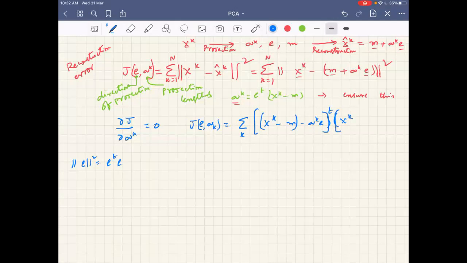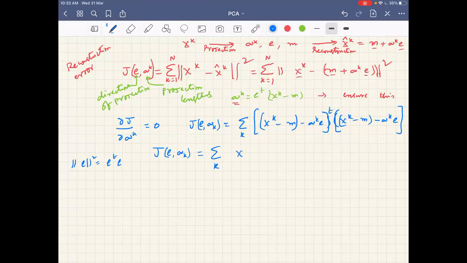Because AK is only here, I'm doing this grouping. I want to focus on AK, so the remaining things I grouped. I expanded. What is the next step? Should I expand further?